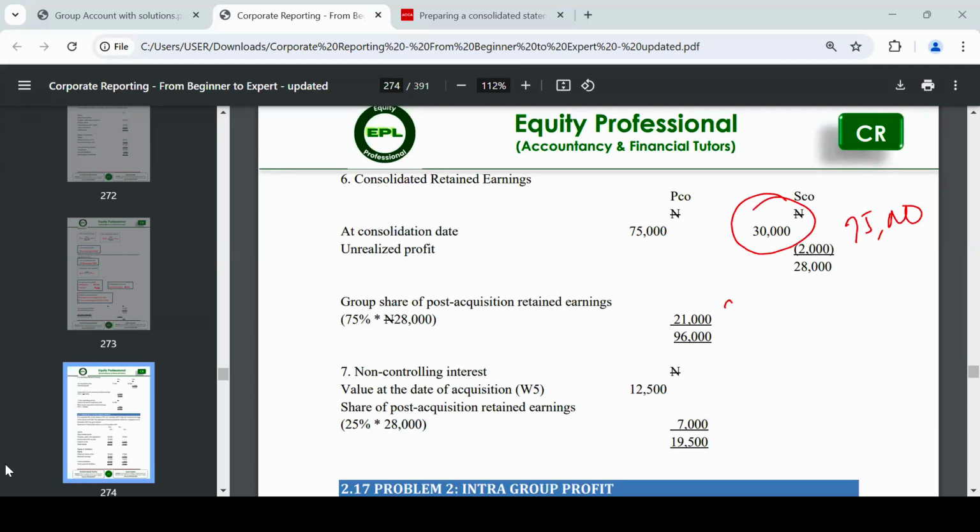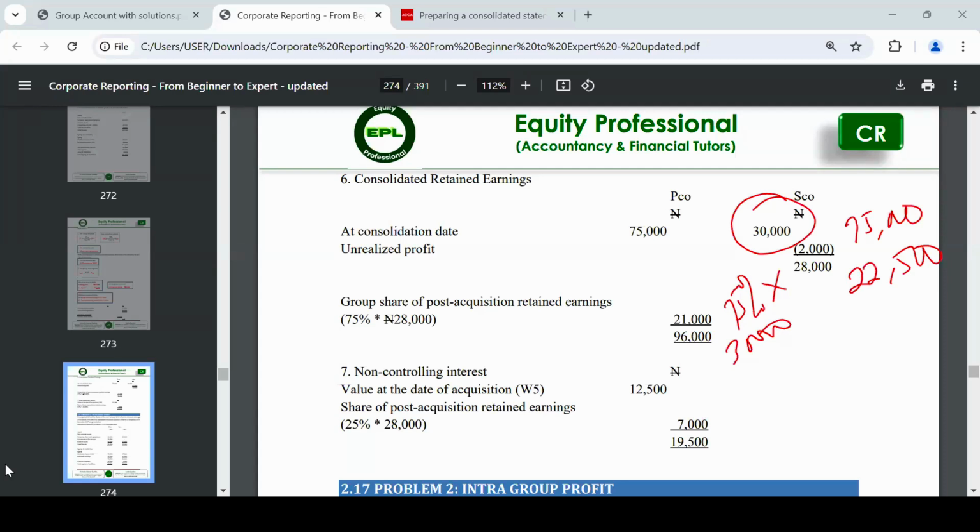If we take 75% of this 30,000, that should be an amount 3/4 times that. How much is that, please? Somebody help me. 75% of 30,000. Is that not 22.5? Okay, 22.5.